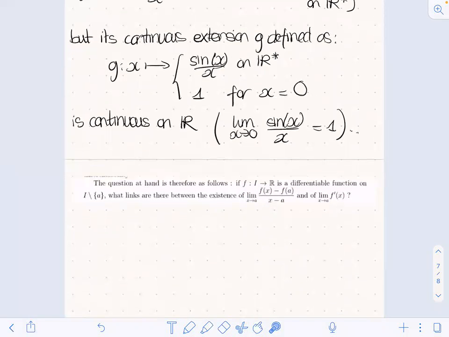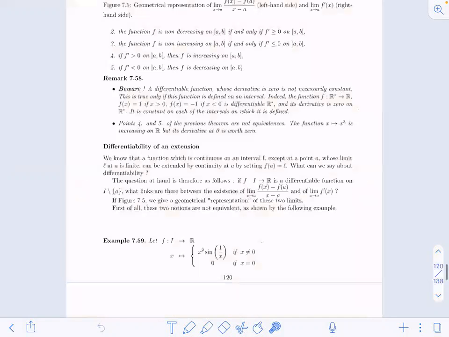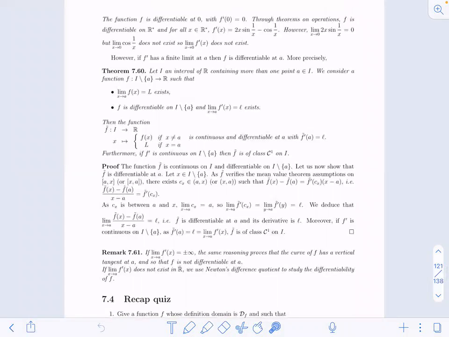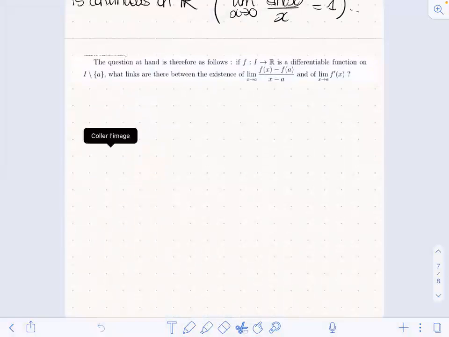Sometimes, when something happens with this and this, we can complete our function to get a differentiable extension. So we've got a result here, which really extends on the idea of a continuous extension.